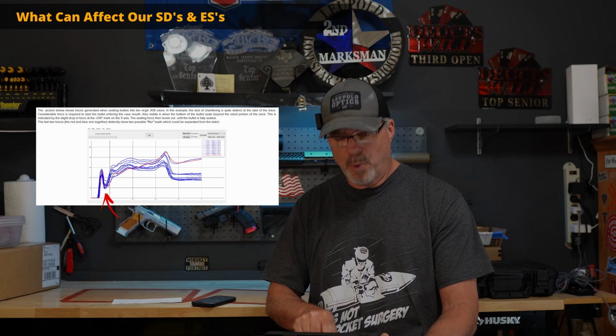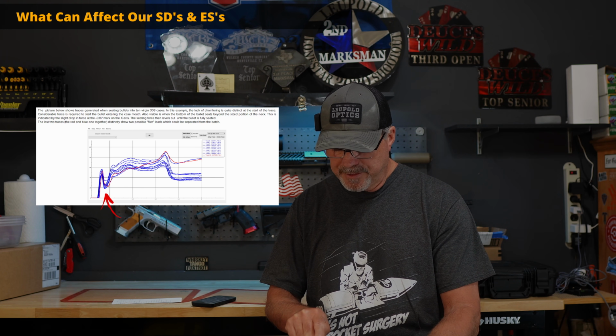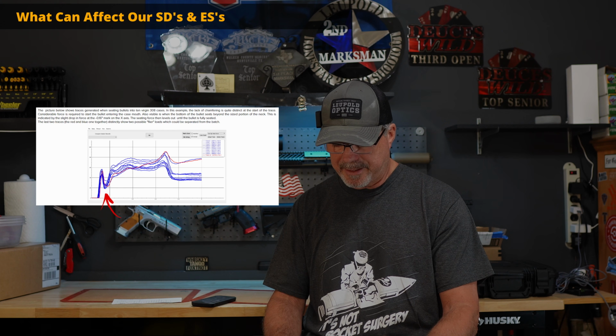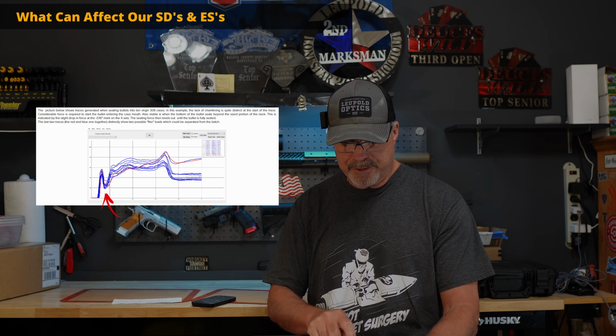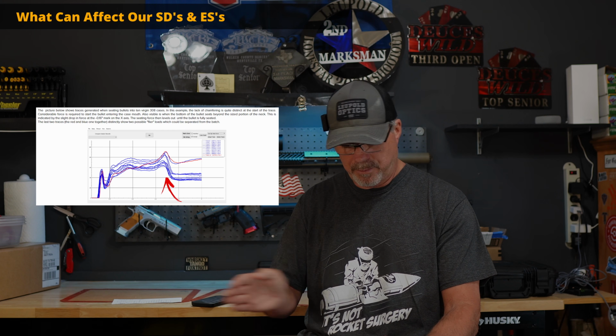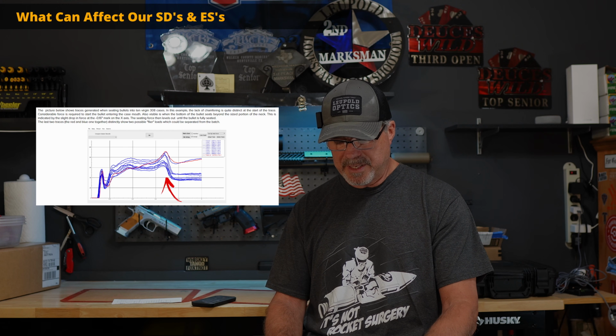Then it got to a point to where what they're saying here is, let's see, also visible when the bottom of the bullet seats beyond the sized portion of the neck. This is indicated by the straight drop in the force at the 0.16 mark, which is about halfway to the right on the x-axis. The seating force then levels out until the bullet is fully seated.